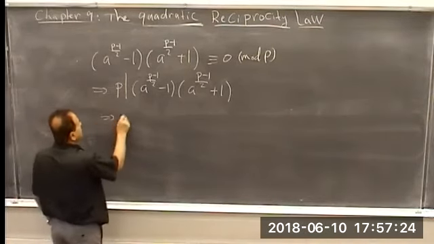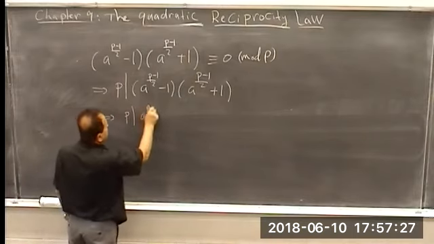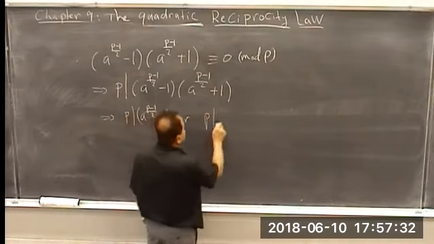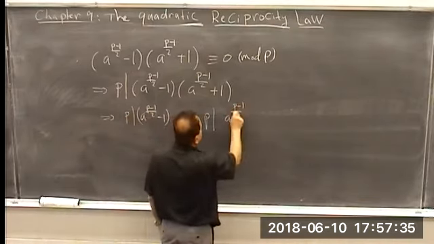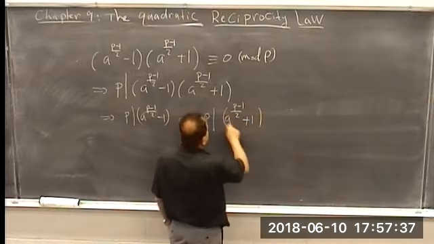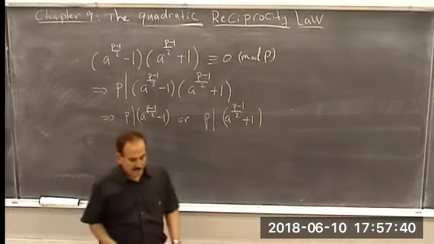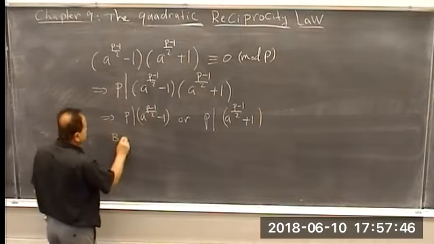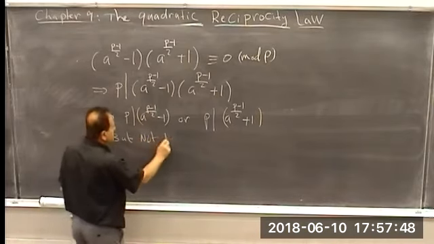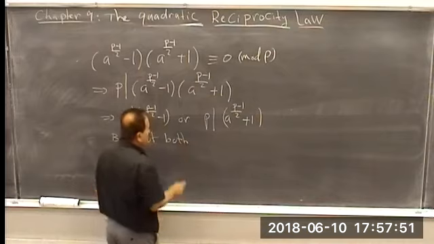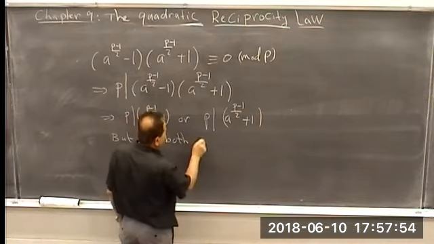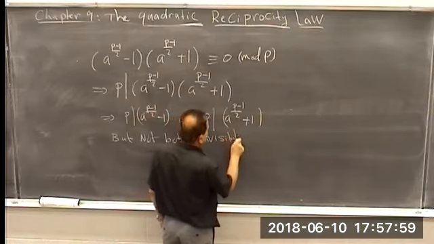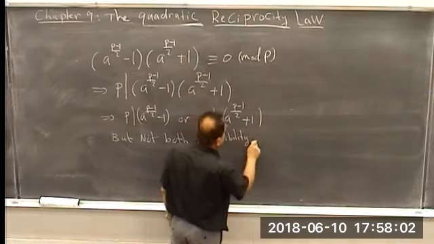This implies P divides A to the power (P minus 1)/2 minus 1, or P divides A to the power (P minus 1)/2 plus 1. All right? It's going to divide either one of these, but not both.